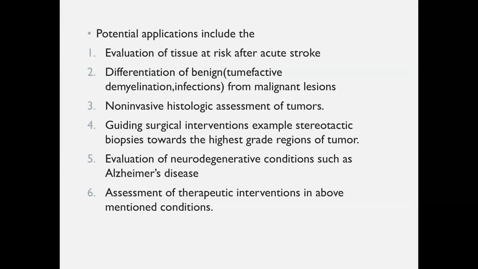If we have done that, can we make a histological assessment, can we grade it: low grade tumor, grade 2, grade 3, grade 4, especially in cases of gliomas. Further, stereotactic surgeries are very common these days. You can guide the clinician that yes, go there, that is the highest grade of the tumor. You can go and hit that area and get an assessment of the highest grade of the tumor, which really decides the treatment of the patient.